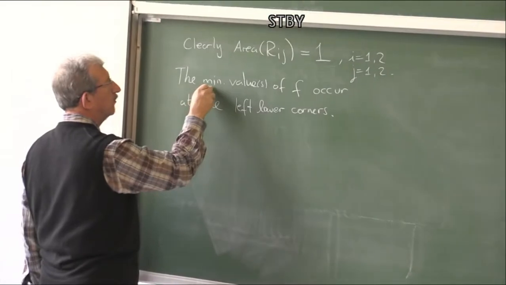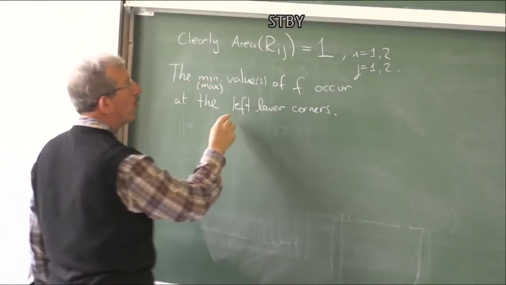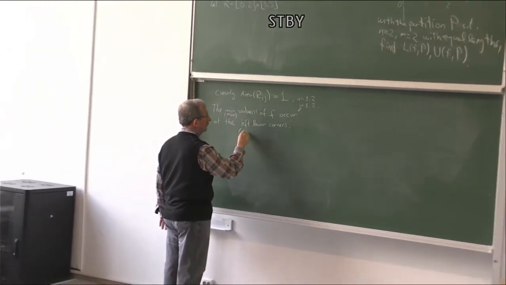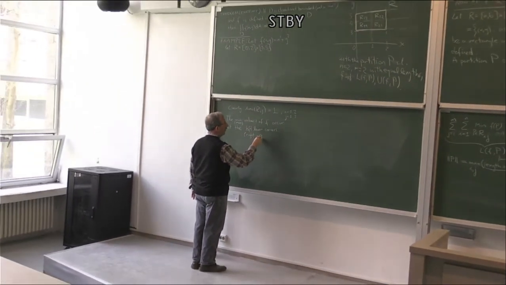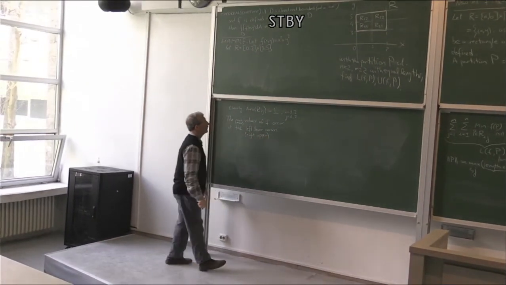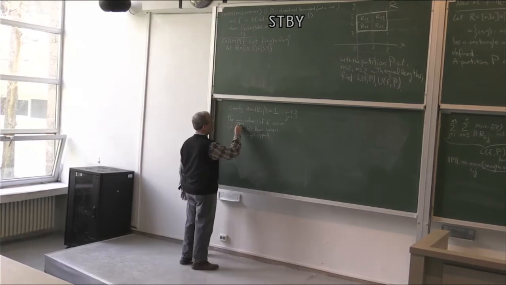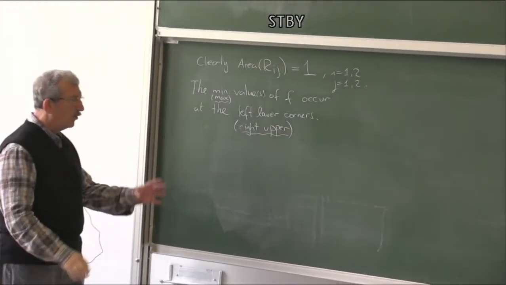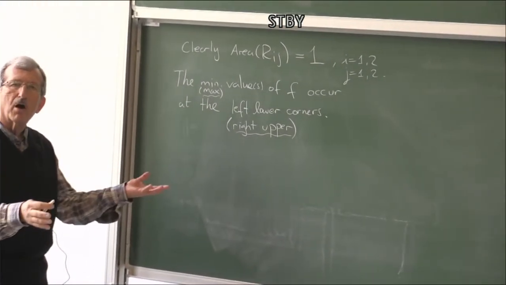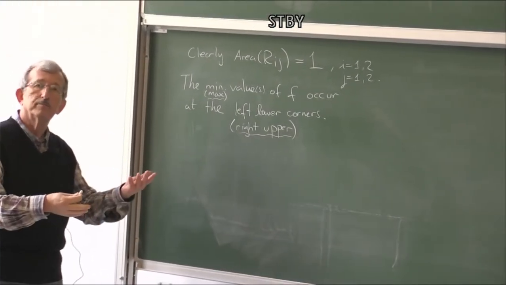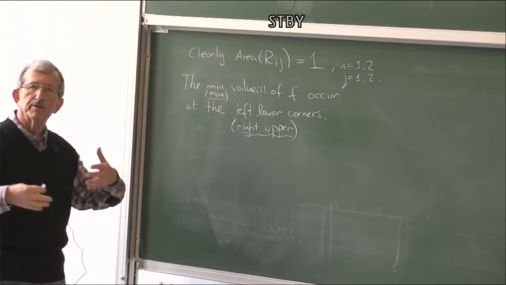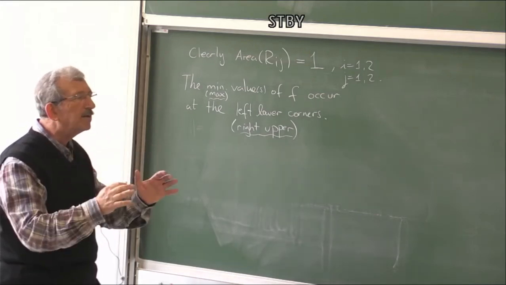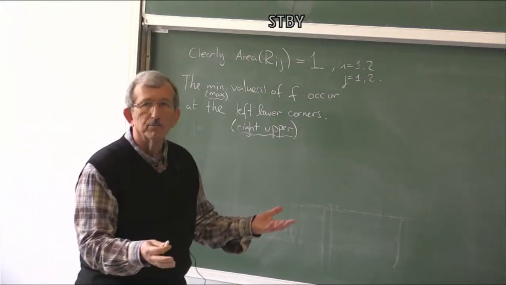And the maximum values will occur at the right upper corners. That's obvious because you add the squares. If you take the biggest x value and the biggest y value possible on the subrectangle, you get the biggest value of the function.